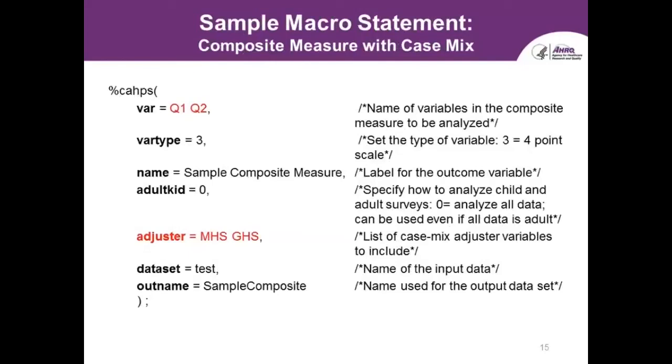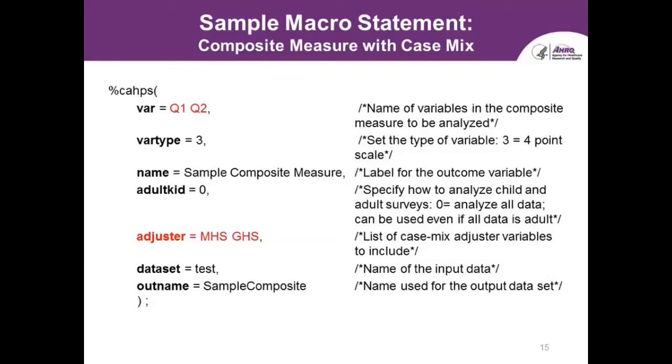I wanted to take a second to show you a little more complex example, but really we're only adding 1 line. So here we're analyzing a composite measure and we're doing case mix adjustments. It knows it's a composite measure because in my var statement telling it what variables to analyze, I'm including two variables. Slot lets it know to combine those two to create the composite. Here, just to show you a little difference, var type, the type of variable, I'm saying is 3, it's a 4-point scale.